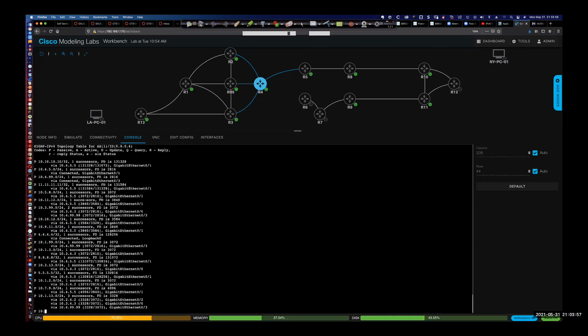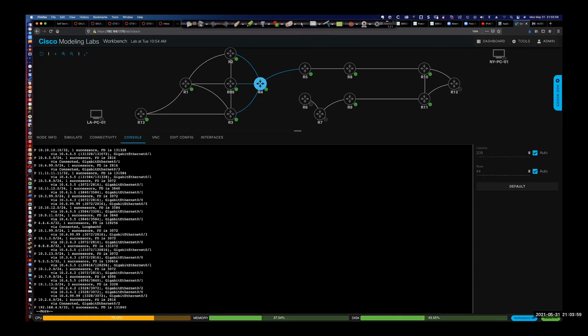And you can see in the topology table, it even points out, and let's take a look at the loopback, oh, I'm sorry, we don't want the loopback of router 4. Let's take the loopback of router 5 down here, right? And you can see that it actually states that this value right here, that is the feasible distance.